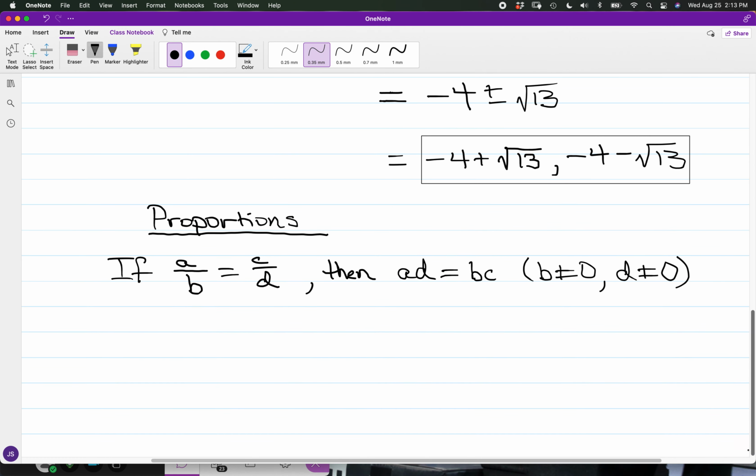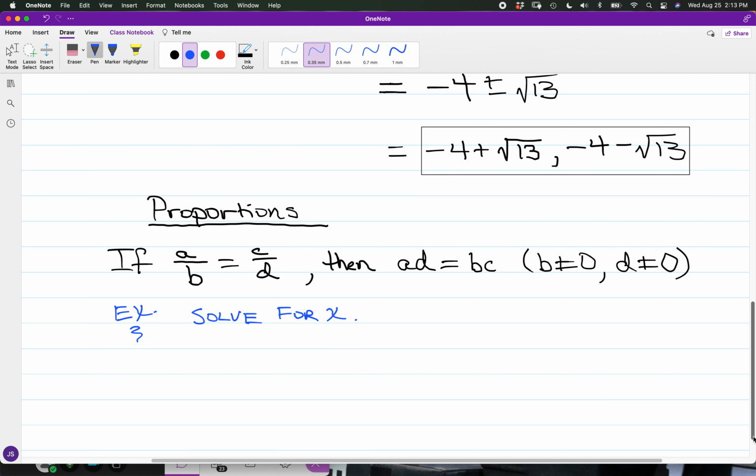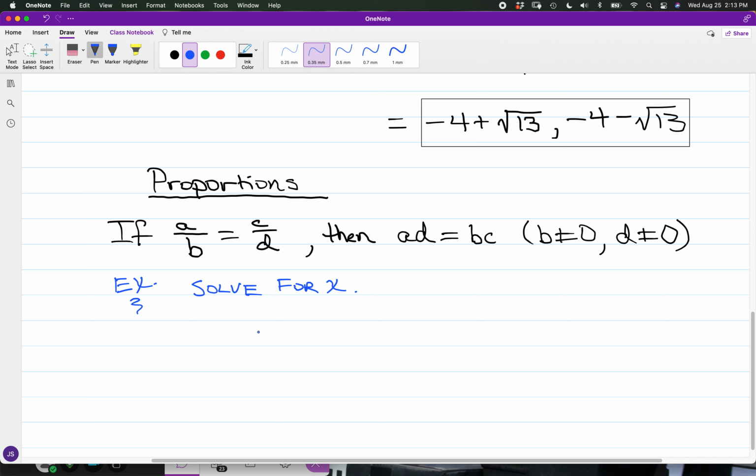Now, an example of a proportion, if we're looking at solving for x, and we just set this up as a proportion. Let's say that we have 2 over x plus 4 is equal to 1 over x minus 3.